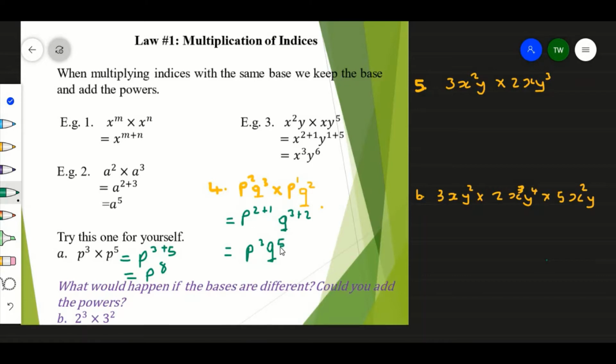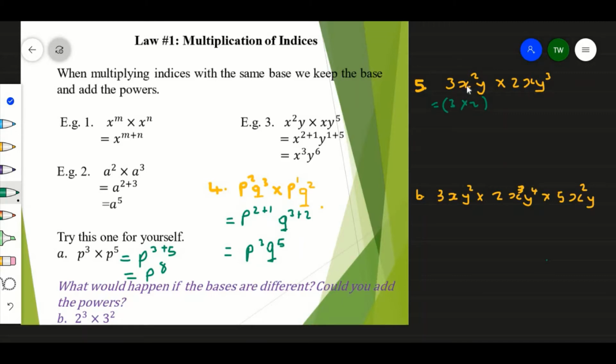Alright, let's look at example number 5. We have 3x squared y times 2xy to the third power. Now, in order to do this one, we're going to multiply the numbers, or the coefficients, of the terms. So we're going to put 3 times 2 in a bracket.